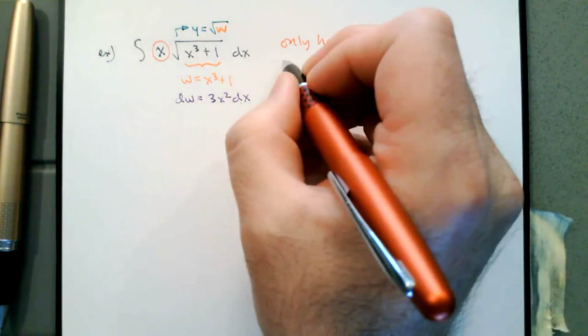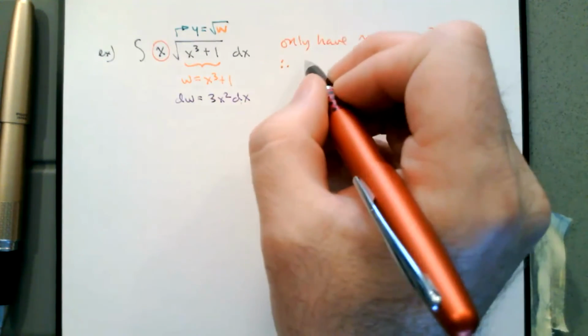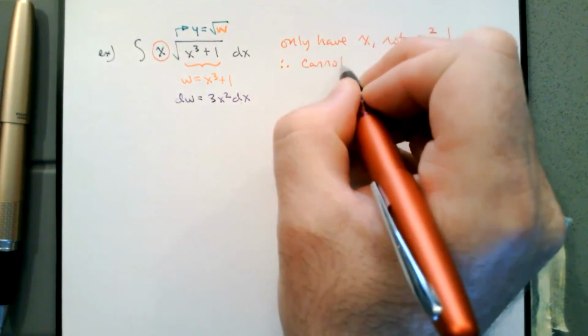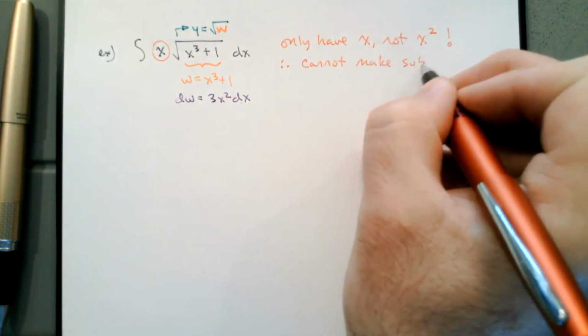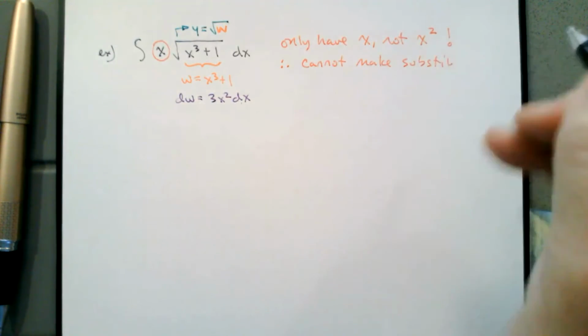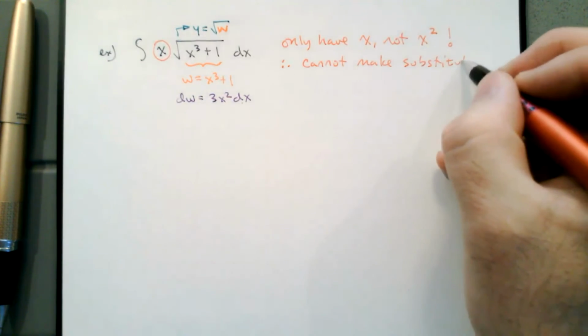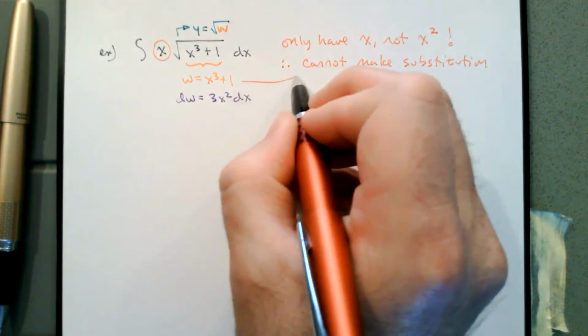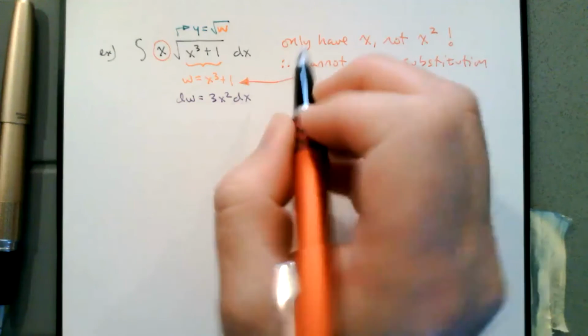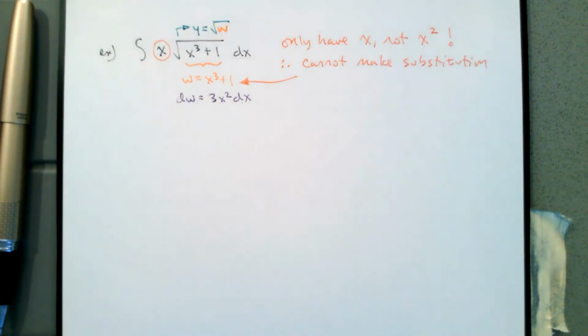So this is not substitution. This substitution, w equals x cubed plus 1, we can't make because I need x squared dx to be the dw, and I've only got x dx to be the dw.